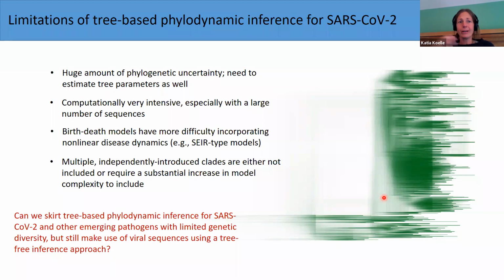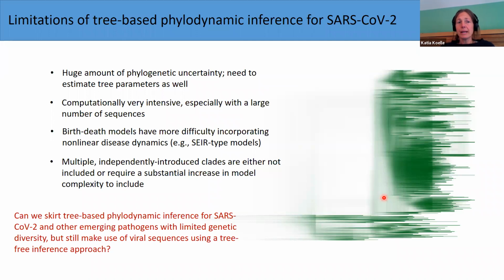And of course, you need to integrate over that phylogenetic uncertainty to get these epidemiological parameters that we're actually interested in, right? And you also need to estimate a lot of tree parameters as well.